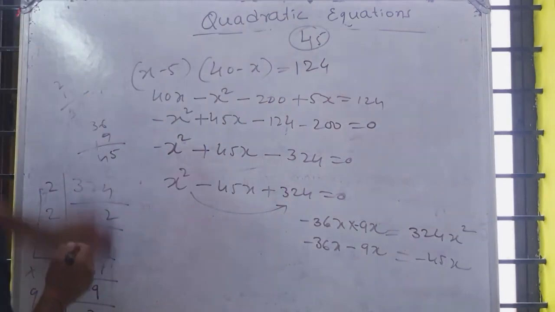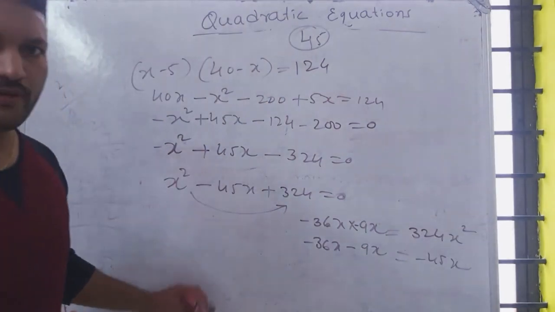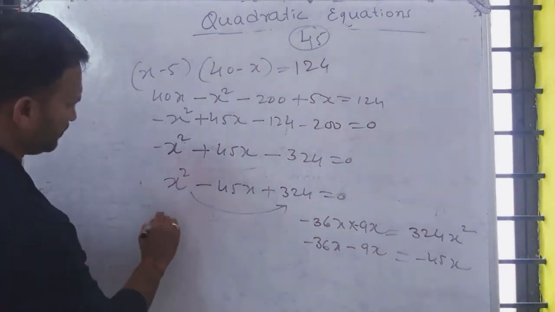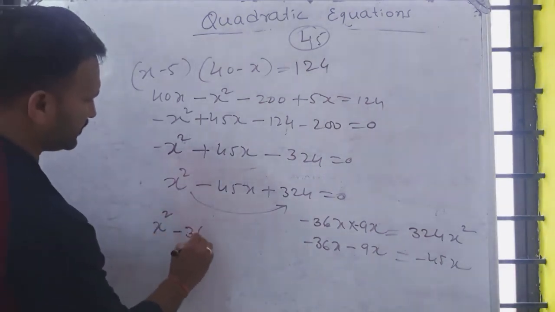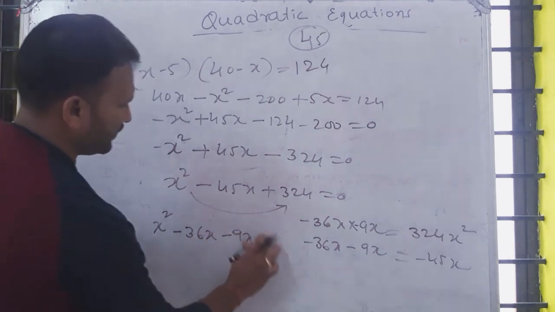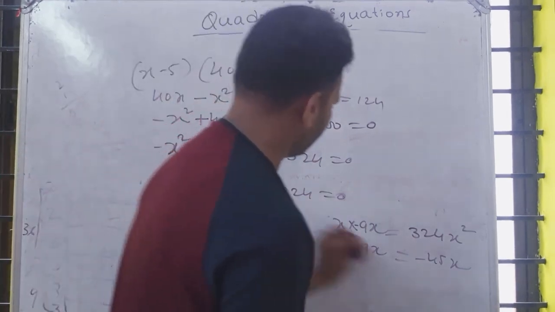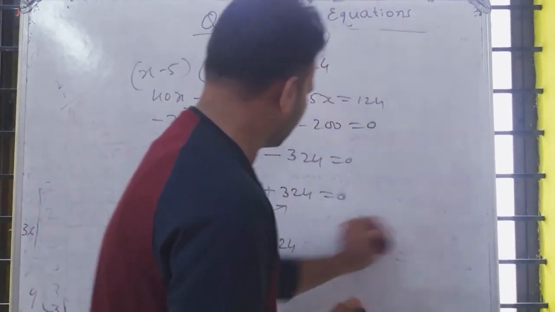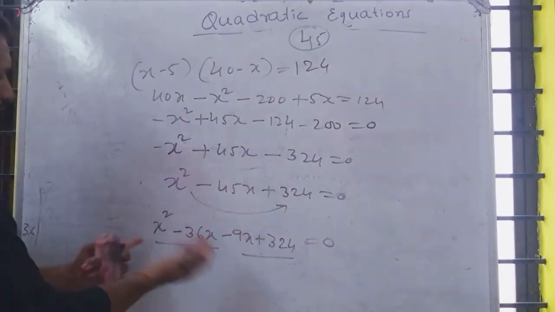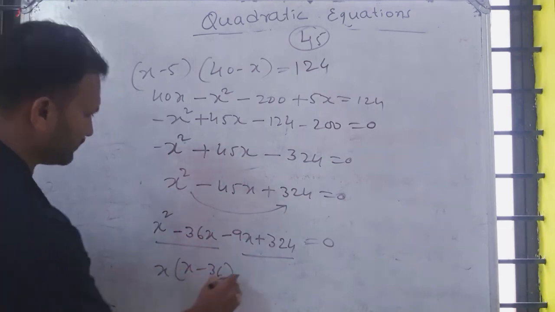At any time you can pause the video and see. X square minus 36x minus 9x plus 324 is equal to 0. Now you got 4 terms, and take out the common one, x minus 36.